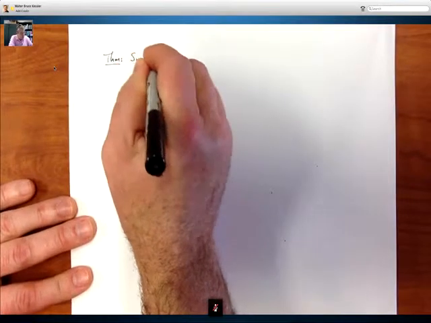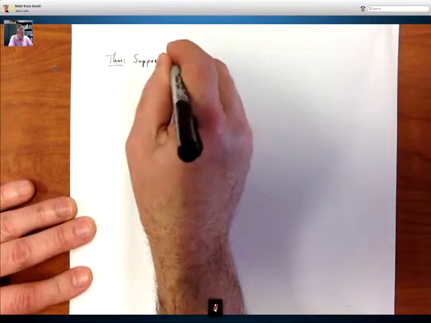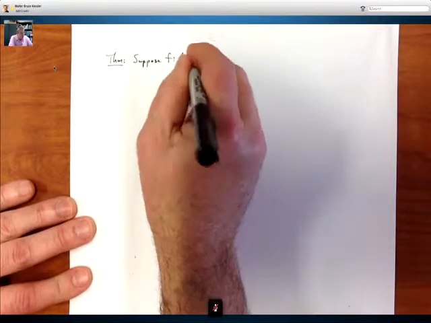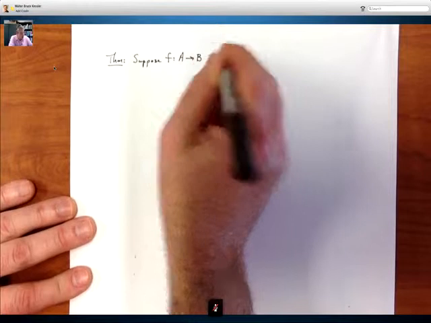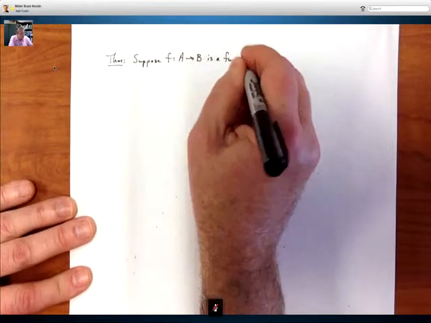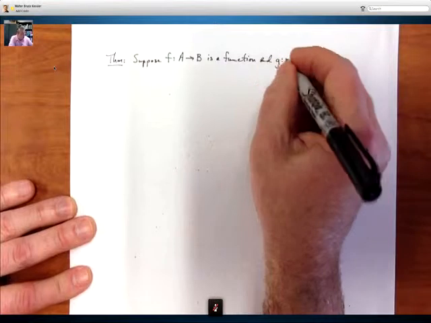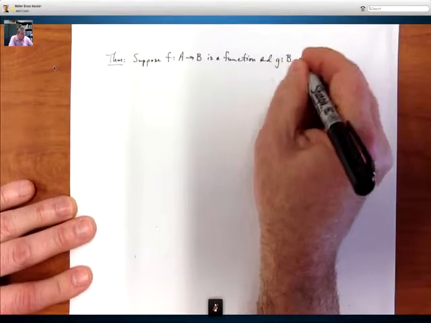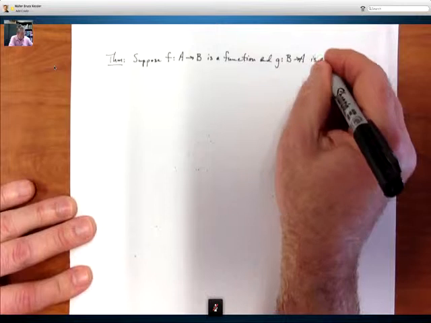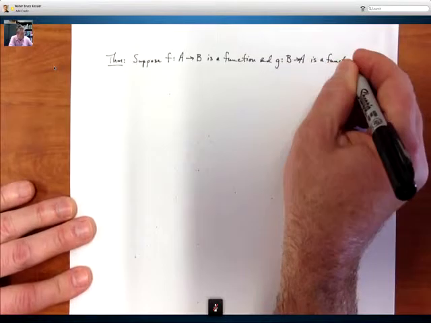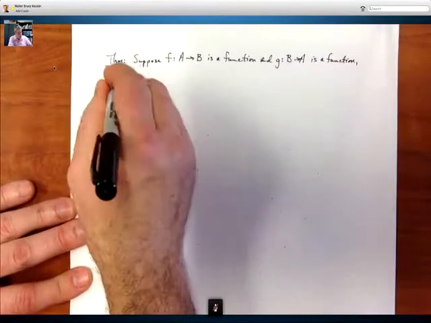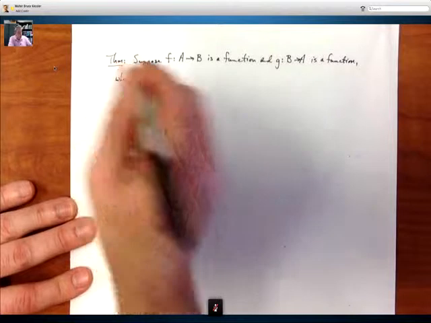Suppose f going from A to B is a function, and g going from B to A is a function.